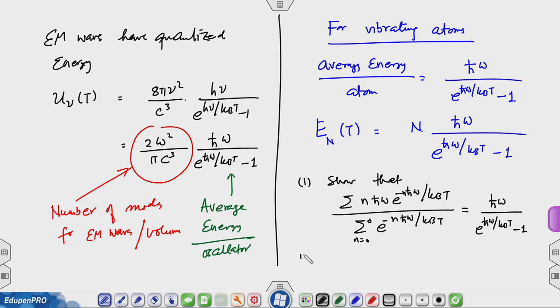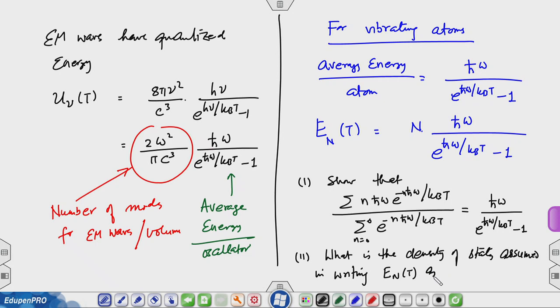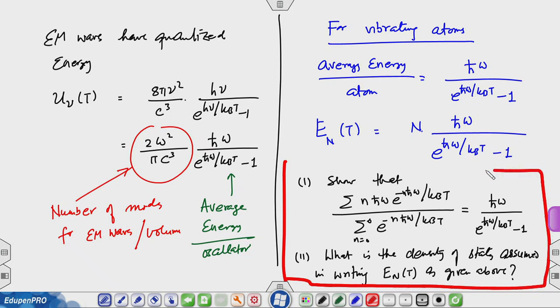And two, what is the density of states assumed in writing E(N, T) as given above. So, these are two questions I would like you to think about.